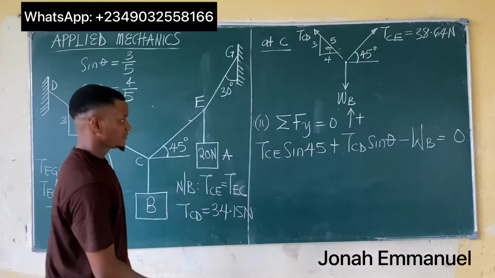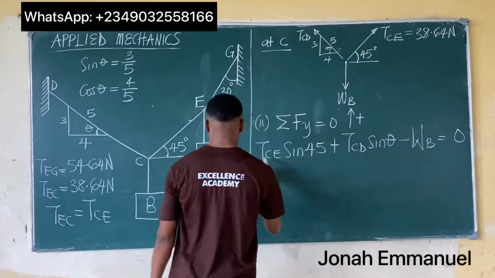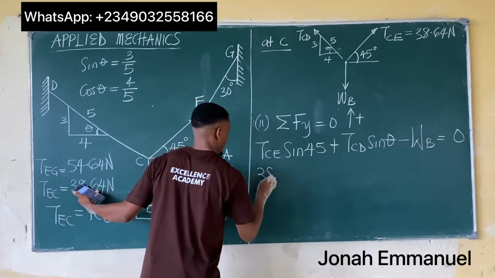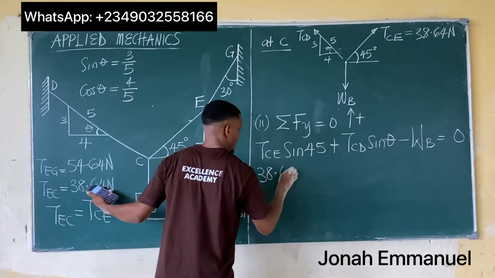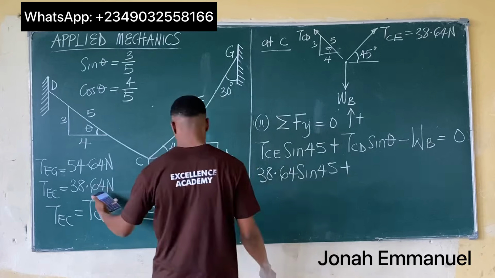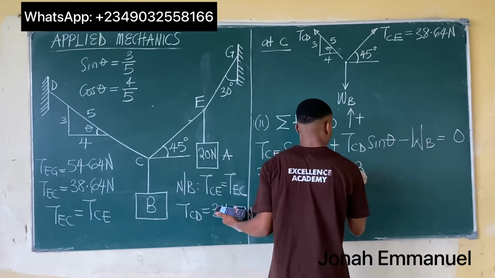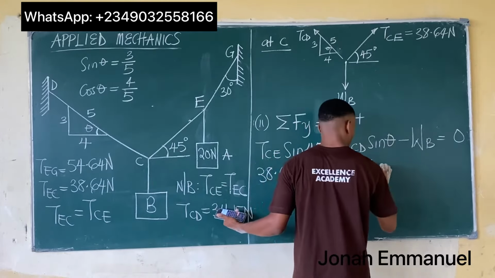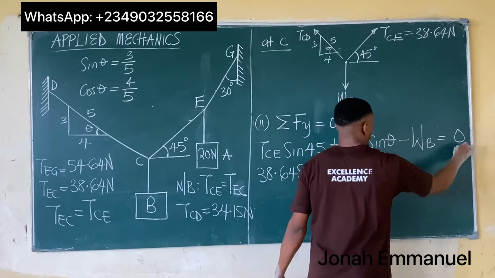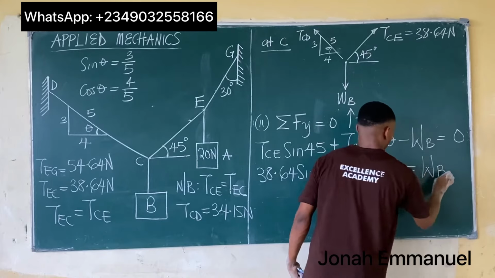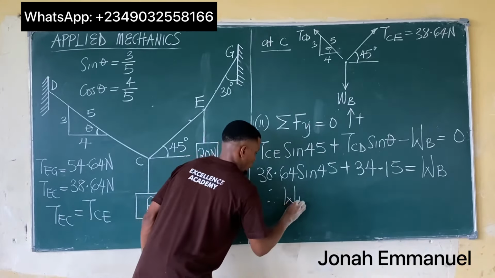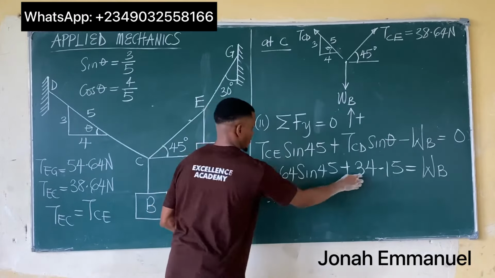Alright, impute values. So I have TCE, that's 38.64 sine 45 plus TCD, this value here, 34.15 is equal to minus WB, shift it here, becomes positive WB. Therefore, WB, the weight at B, is equal to this plus this.